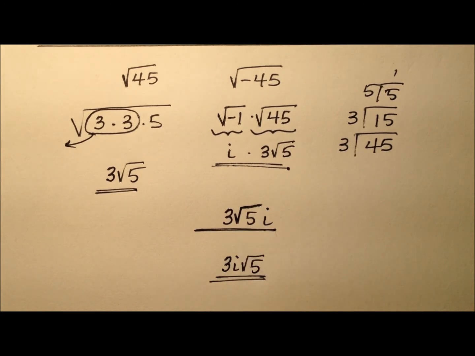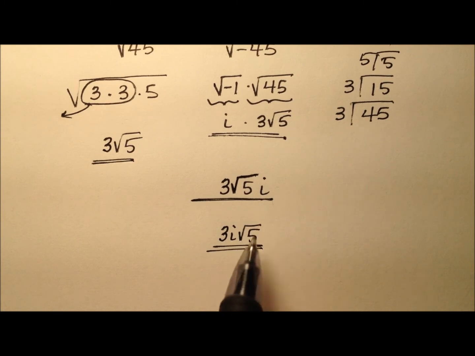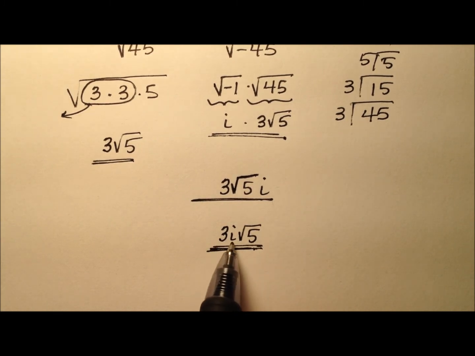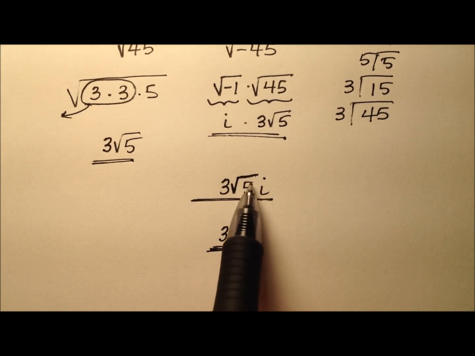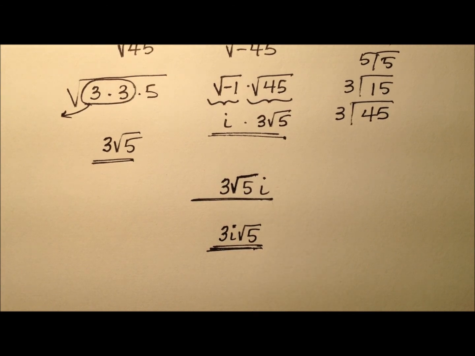And either one of these is appropriate, but I'm just telling you why sometimes you'll see the 3i times the square root of 5 when you might ask yourself, why is that i not at the end? Well, that's why, because we're trying to limit the amount of confusion we have as to whether the i is under the radical or not under the radical.